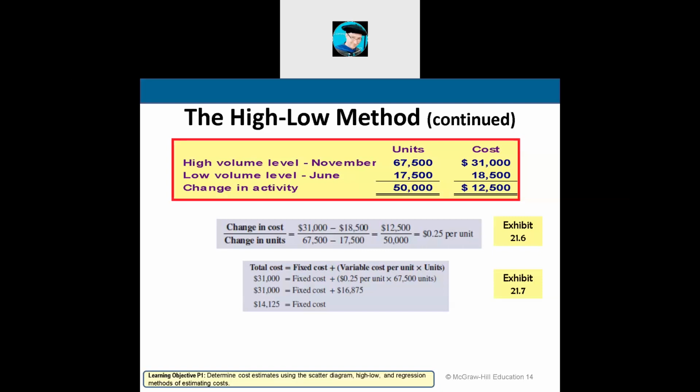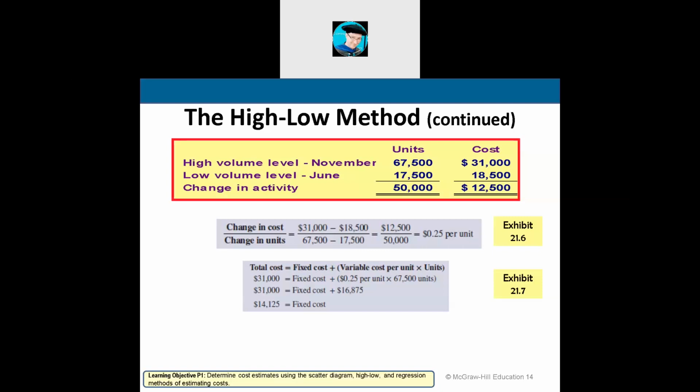So, number one, we figure out the changes. Now step 2: find the change in cost per unit. How do I do that?